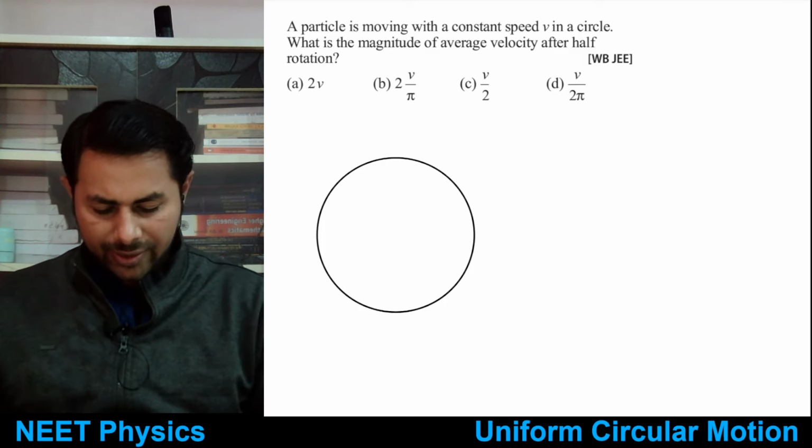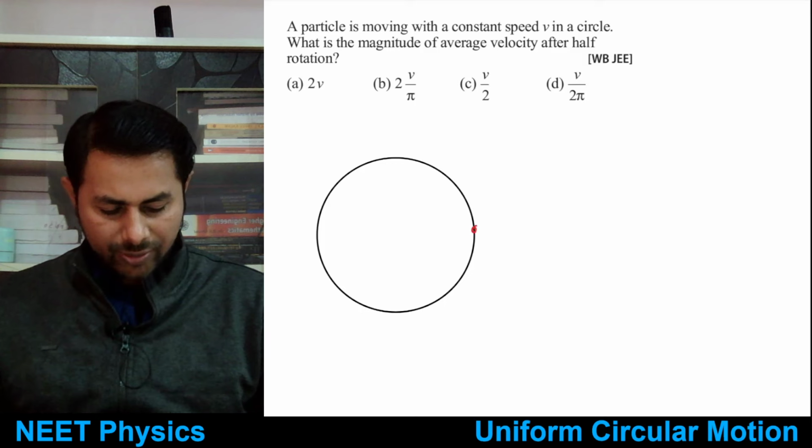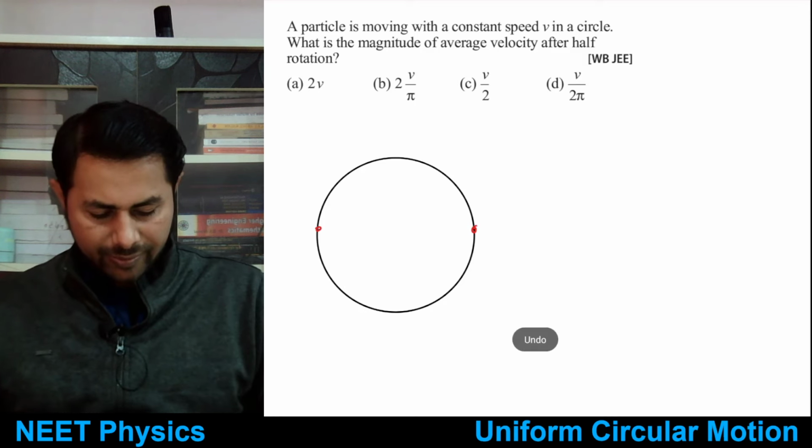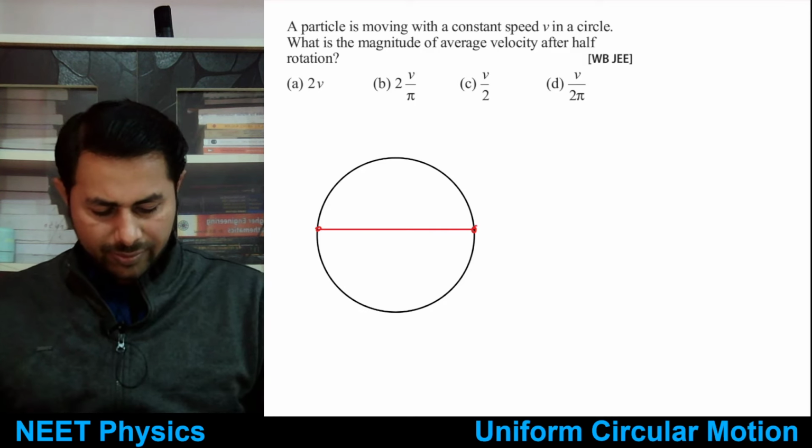Okay, let's check. So see, the particle moves from, let's say, A to B. So it will go to the diametrically opposite point. So this is half revolution.